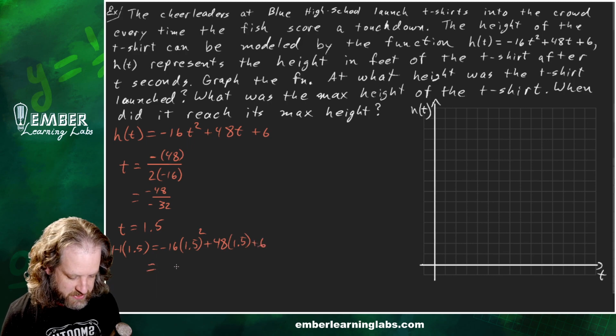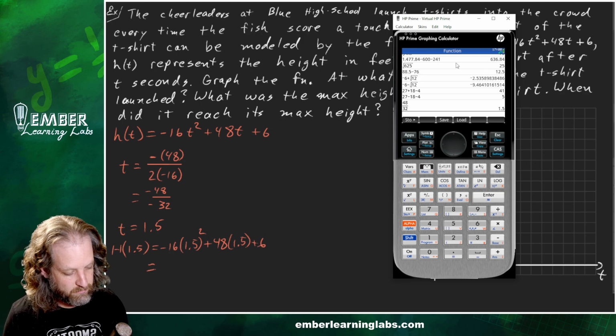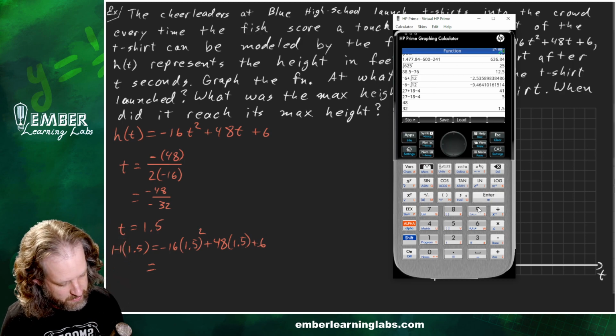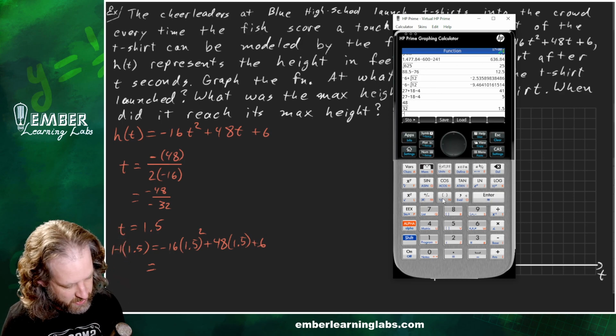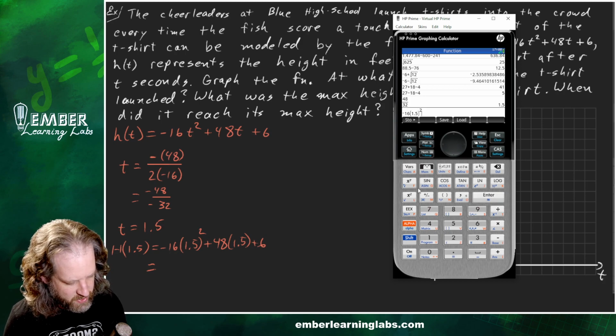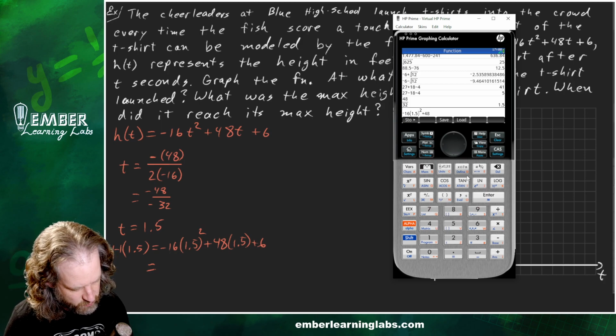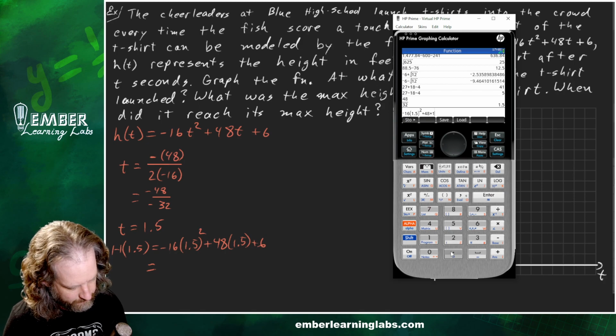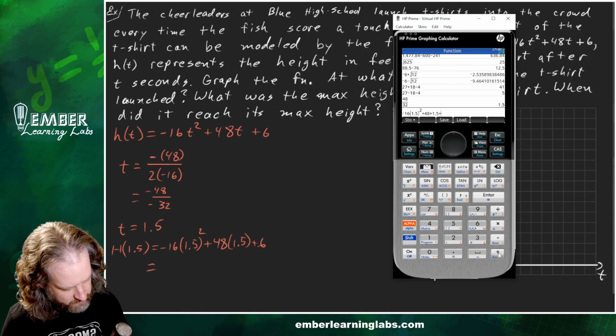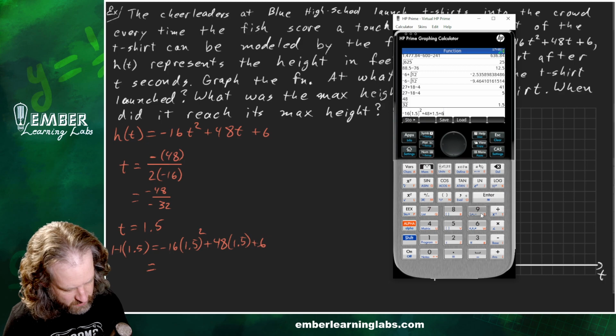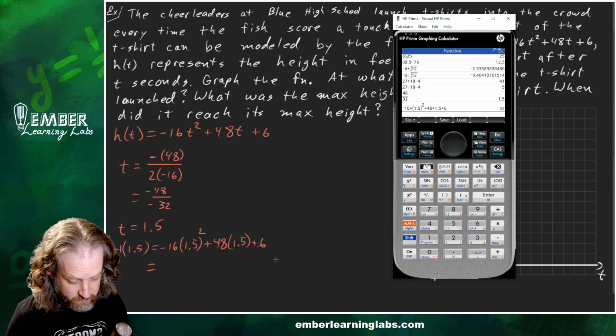Especially since I'm using a multi-line calculator, I'm going to plunk this all in here. So negative 16 times 1.5 out of the parentheses squared, plus 48 times 1.5, plus 6, equals 42.